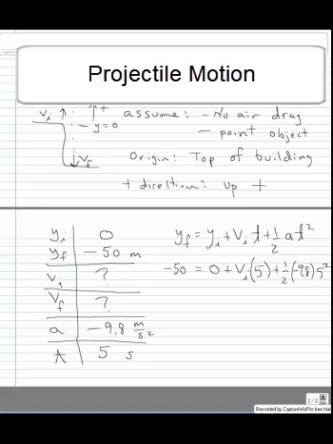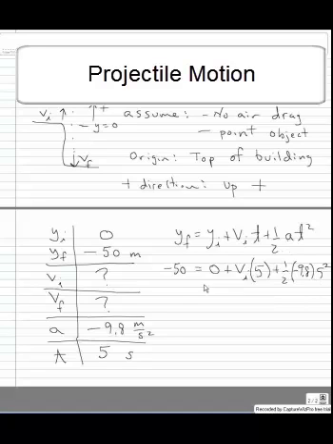Remember, when you plug in these numbers, you always retain the negative signs with them. So we've got a negative 9.8 for our acceleration, negative 50 for y final. And if you take a quick look at this, you'll see that time is seconds. So we have seconds squared. Acceleration is meters per second squared. So the seconds cancel and you're left with meters. And the same is true with the middle term, and every term has the same units.